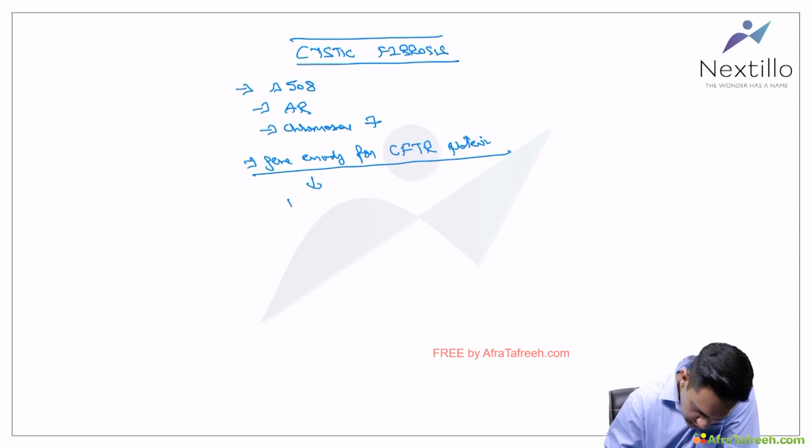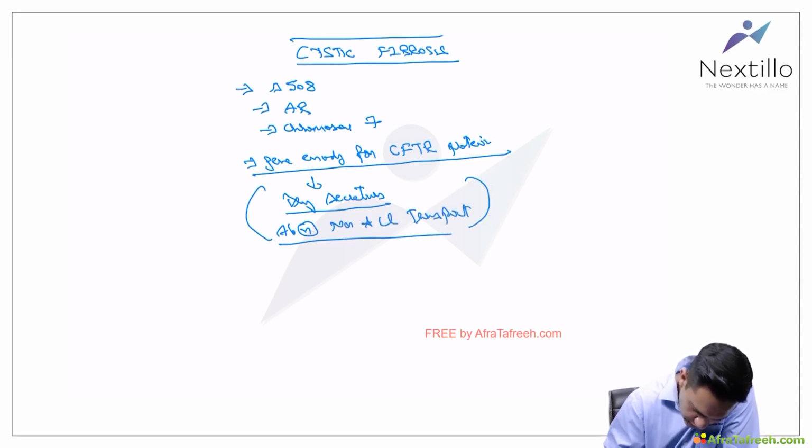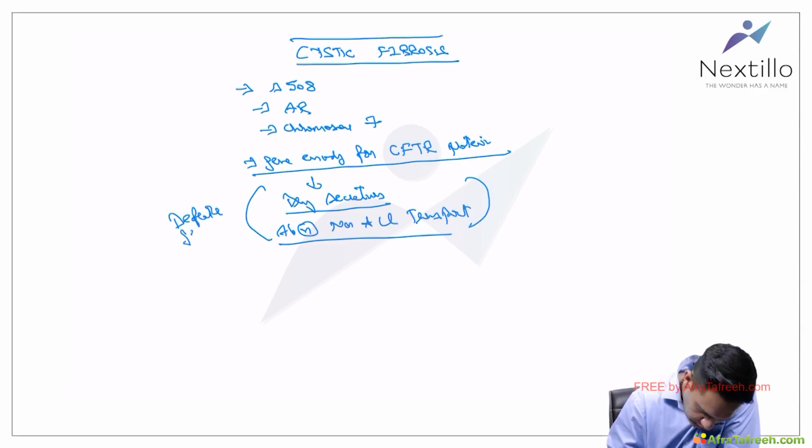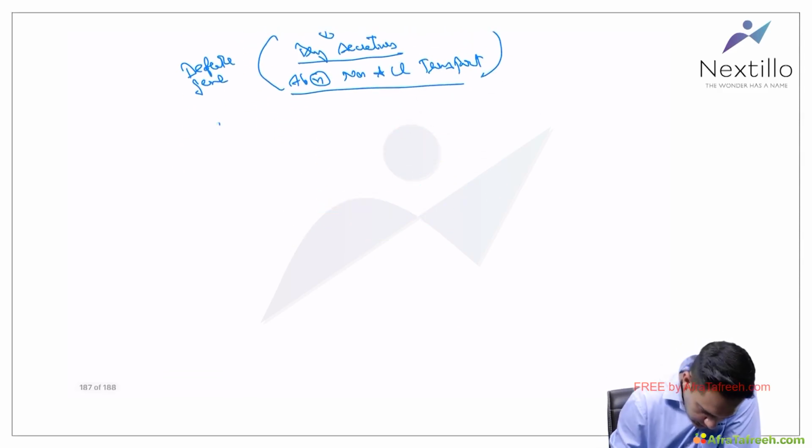With this gene abnormality, this leads to dry secretions and abnormality of sodium and chloride transport.